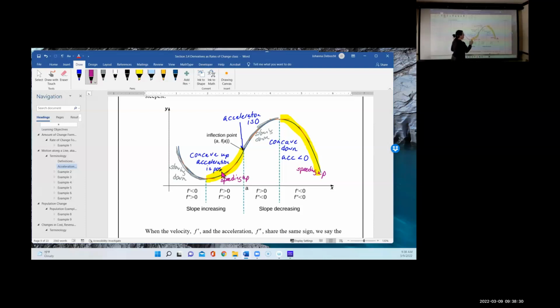But if the foot's on the gas pedal, you could be traveling east, which is the positive direction, which would make it this direction here on the left. Or you could be traveling west, which would give you a negative slope. So the velocity would be negative, but you're still speeding up in the negative direction. You're speeding up going west.